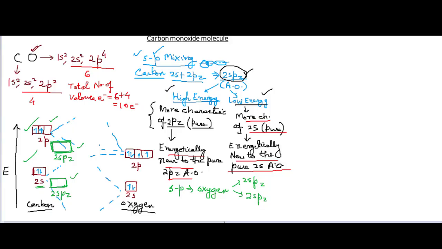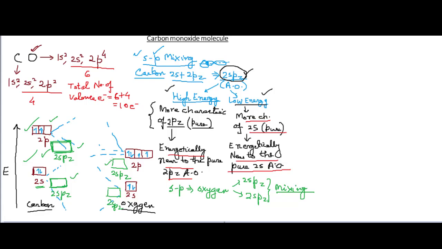Although there is mixing, it is low because the energy difference between the 2s and 2p atomic orbitals is quite high, but still there is mixing. So this also gives the 2spz orbitals of oxygen. So we have two for carbon and two for oxygen. This is how we get our hybridized atomic orbitals.